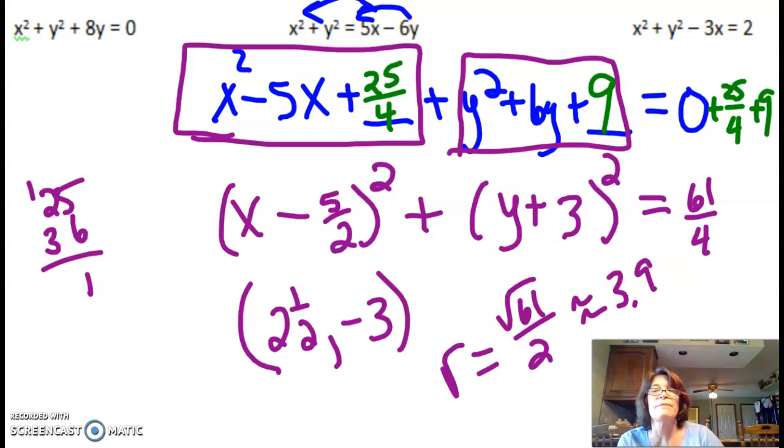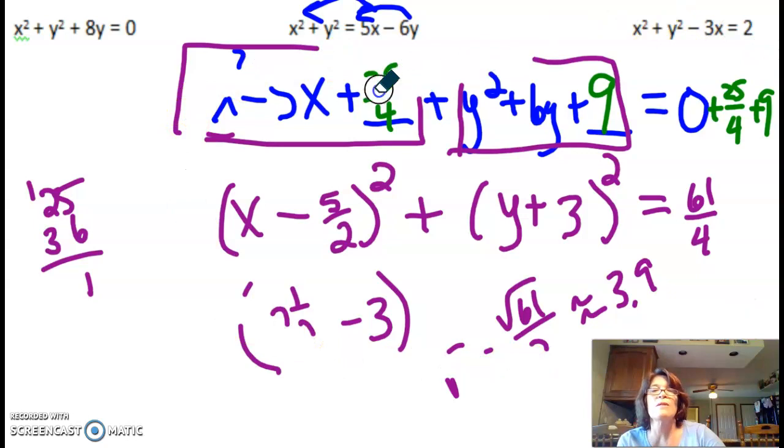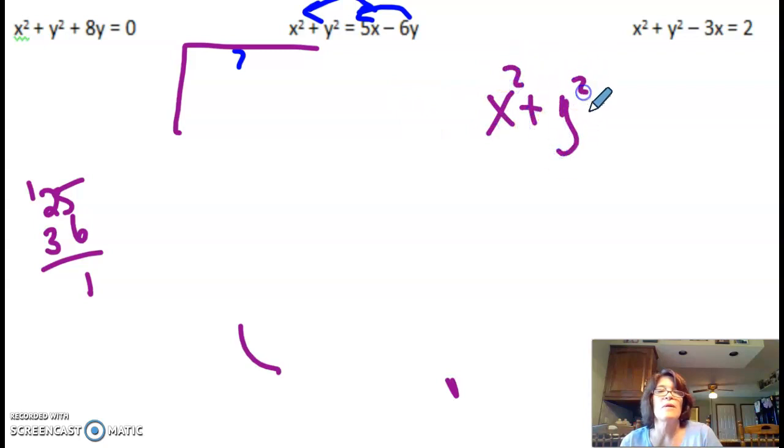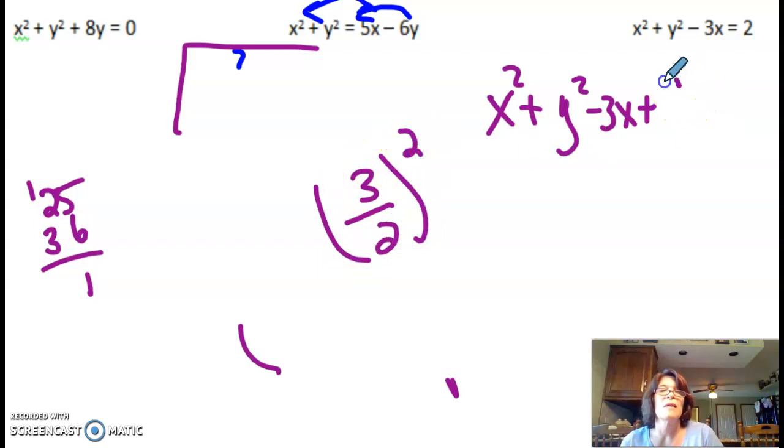Let's do the next one. X squared plus y squared minus, okay, this is all ready to go, I think. I'm just going to take x squared plus y squared minus 3x plus, I have to take half the middle term and square it. So I'm going to add 9/4, and I'm going to add 9/4 here.